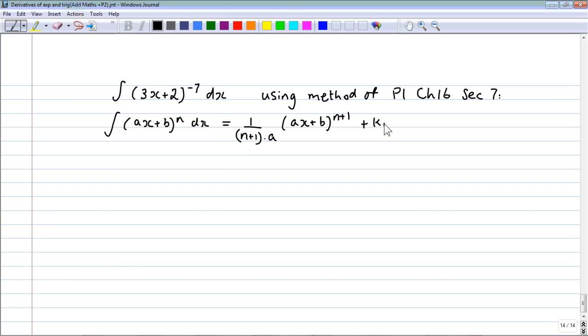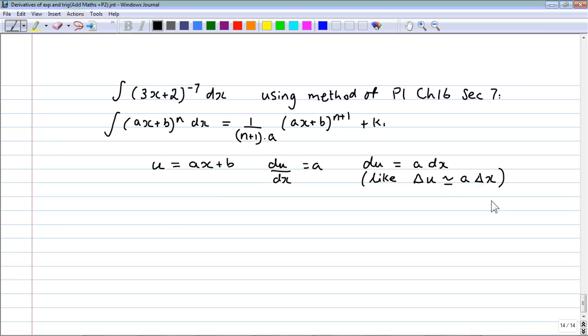Now, the idea behind that method is really what's called integration by substitution. It's based on the idea of saying, well, if u is equal to ax plus b, then du by dx is equal to a. And what we can say roughly is that du is a dx. Now that's a bit silly because they're not numbers, but it's a bit like saying a small change in u is about a times a small change in x. And that's true if you think about it.